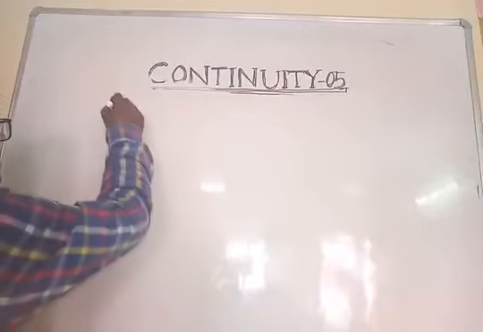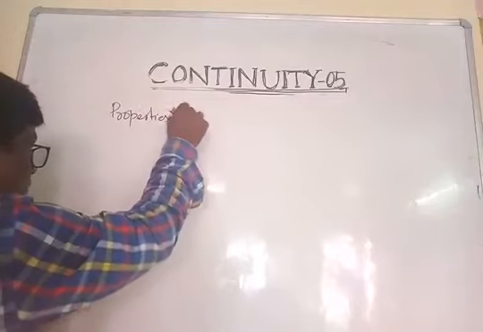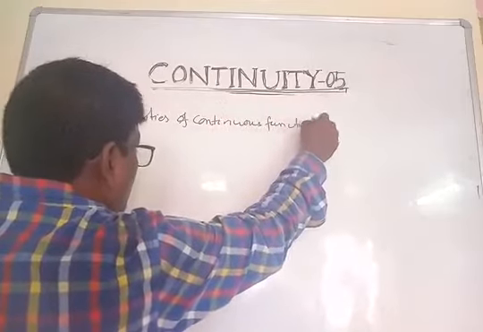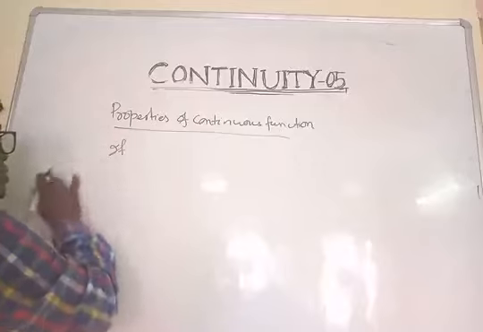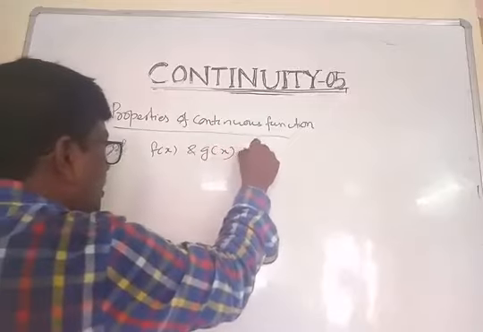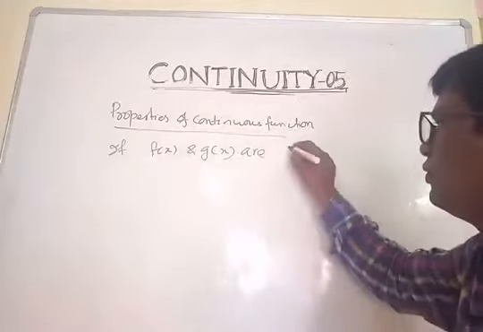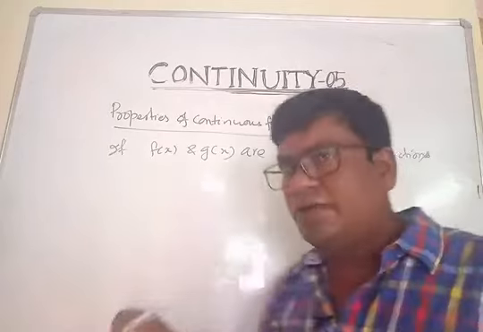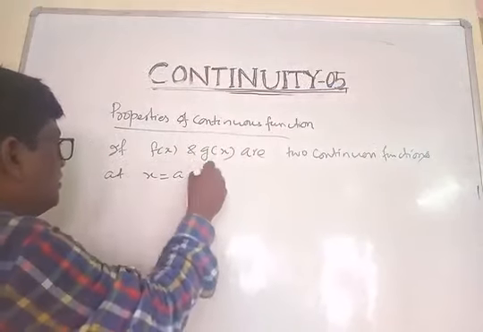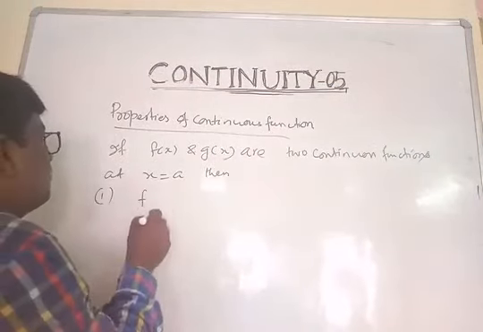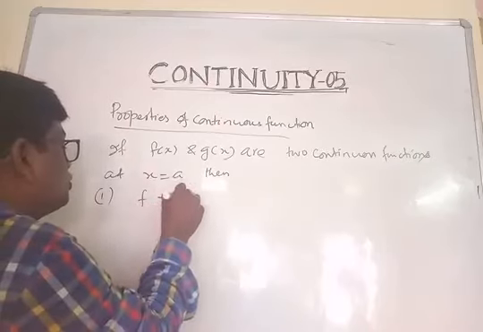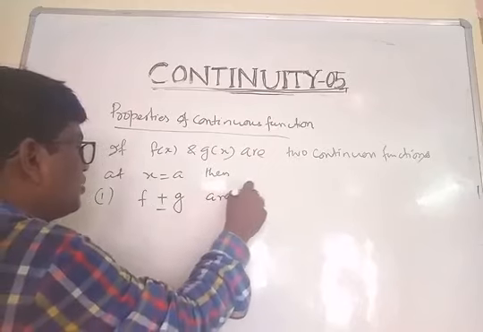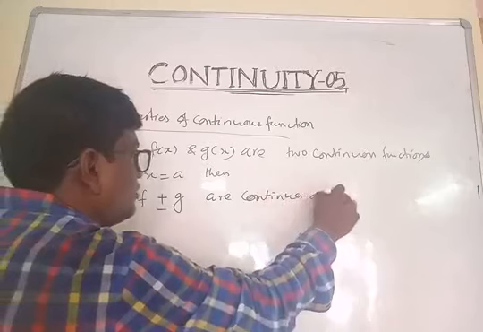Properties of continuous functions. Number 1, if f of x and g of x are two continuous functions at x is equal to a, then f plus or minus g are continuous at x is equal to a.